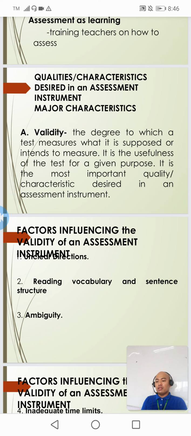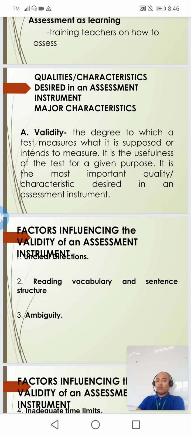A high or very high validity coefficient based on the two sets of data taken from the scores of the respondents would indicate that the instrument has a high construct validity. Take note of that. Kapag malaki daw or high to very high yung kanyang correlation coefficient, it means that the instrument has a very high construct validity.